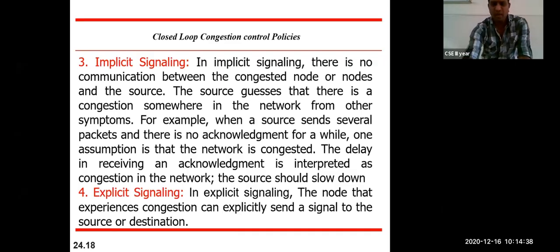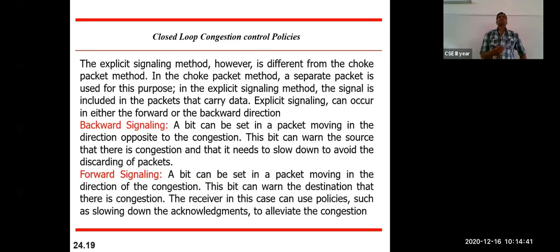Why to the destination or why to the source? Anyway, the explicit signaling method, however, is different from the choke packet method. How? In the choke packet method, a separate packet is used for this purpose. In back pressure and choke packet, each has its own mechanism. Now, if you think signaling and choke packet are the same, it is wrong.